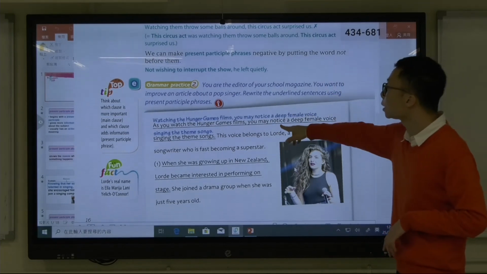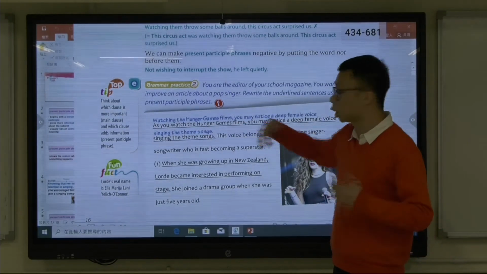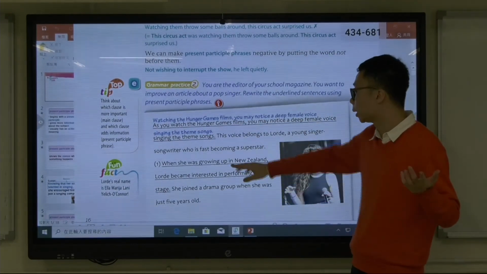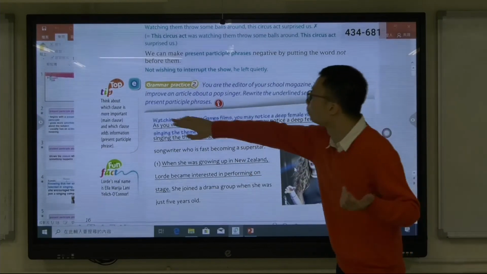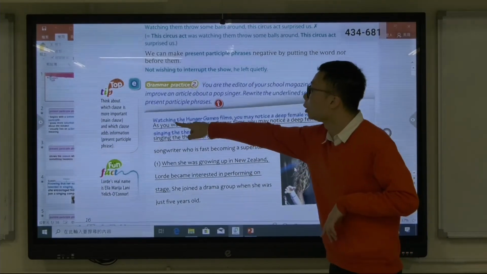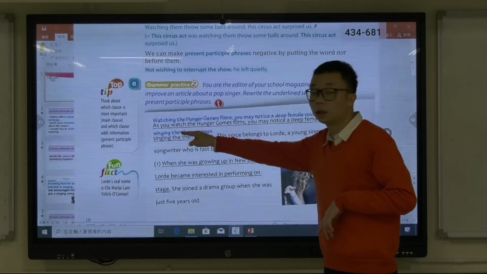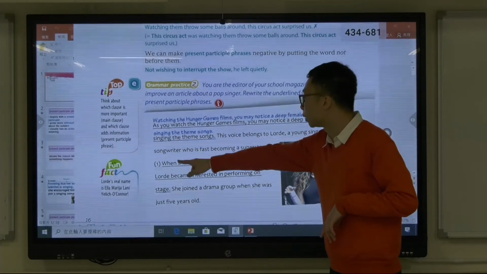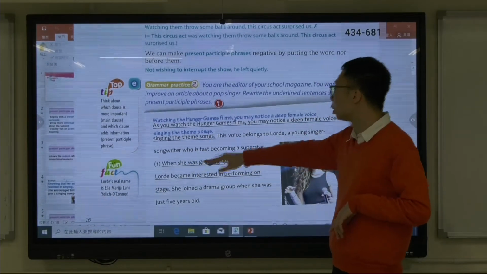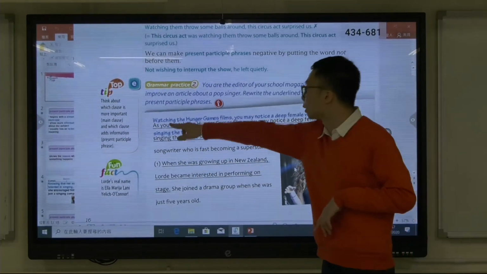Alright? So this is an example of how we change an underlined sentence into a present participle phrase. So first thing, make sure that you identify the verb, change it into the ing form, and that's how you get this one.